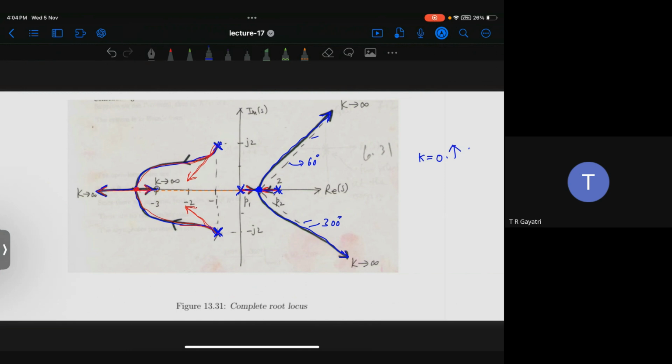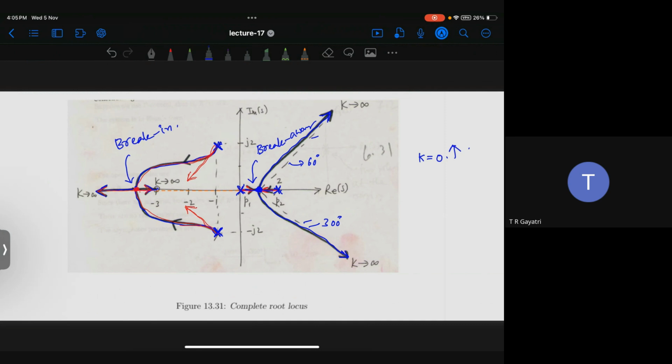This point is called the break away, whereas this point is called the break in. Clear? So this is a nice example where you have both break away and break in.